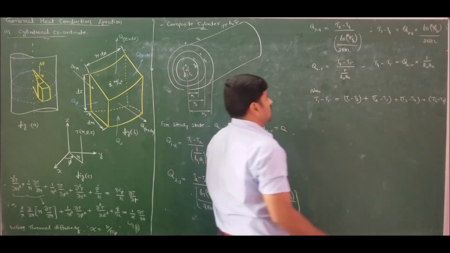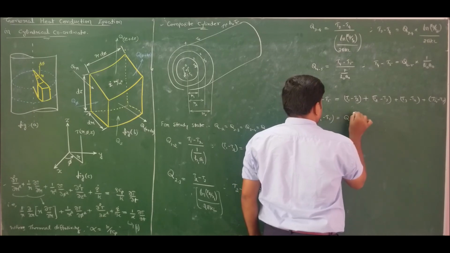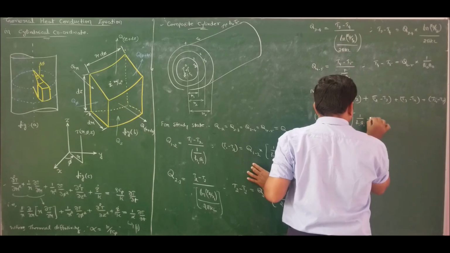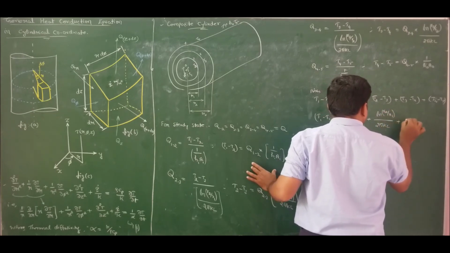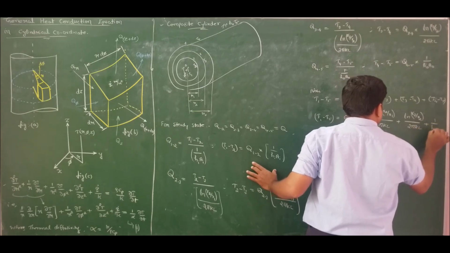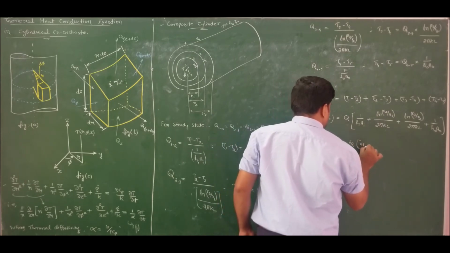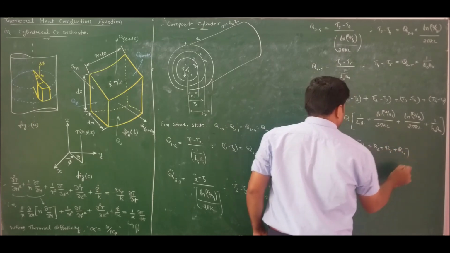So throughout I can take Q as common, and I can write T1 minus T5 is equal to Q times the resistances: 1 by Hi Ai plus ln of R2 by R1 over 2 pi Kl plus ln of R3 by R2 divided by 2 pi Kl plus 1 by H0 A0. So this can be written as Q of R1 plus R2 plus R3 plus R4 resistances.